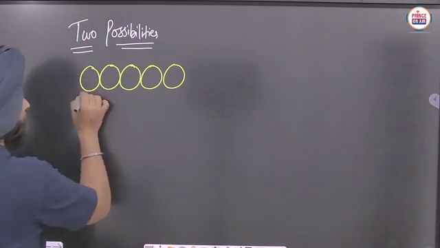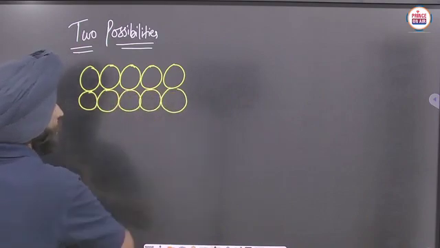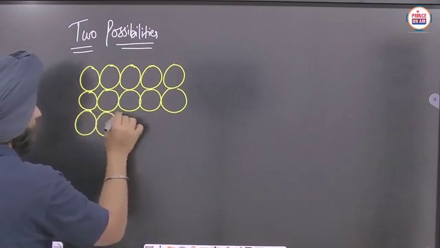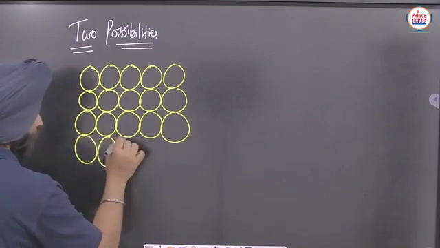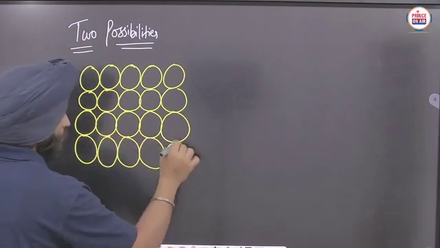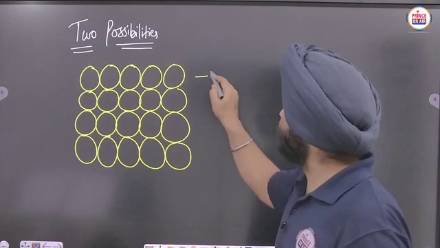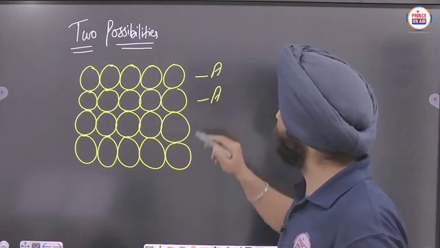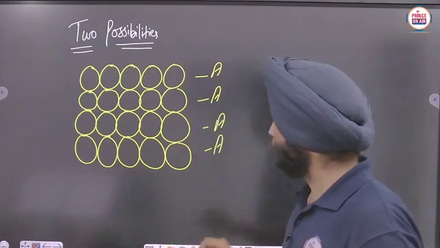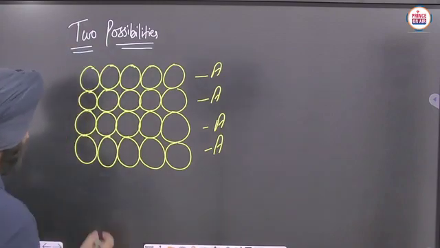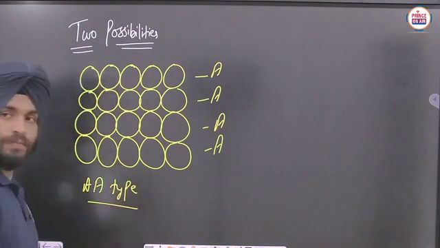Similarly again. So if we consider this layer as A, it will also be considered as A because all are similar. So this type of layer or structure will be considered as A type close packing in 2 dimensions.